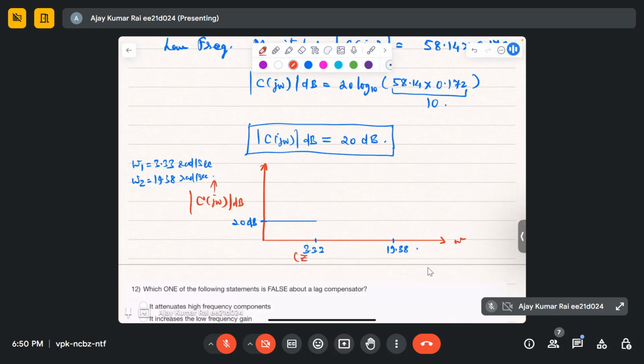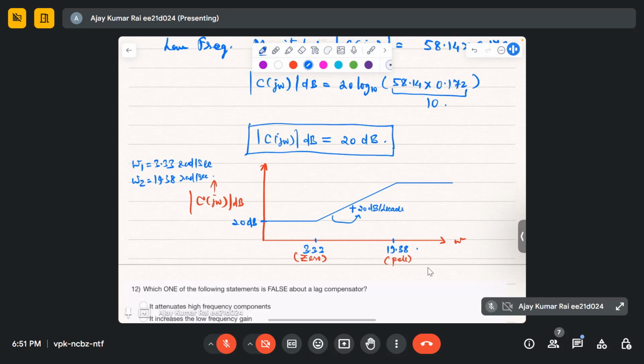This is a zero, right? So it will increase. The slope is plus 20 dB per decade. Again, this is 0 dB per decade, so I'm not writing 0 dB; I'm just writing the slope. So this is how the magnitude Bode plot for this particular compensator will look.